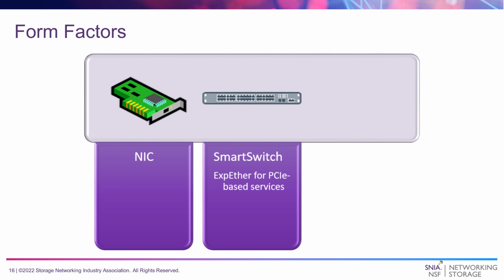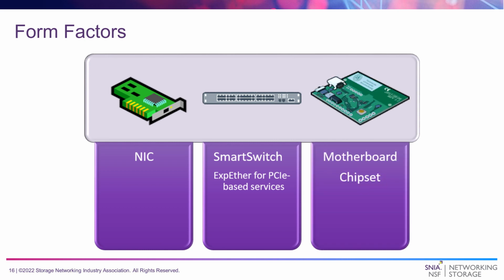The advantage, compared to the NIC, is that multiple hosts can use the same xPU in the smart switch, but the limitation is that the xPU is not directly connected to the PCIe bus, so it cannot offload services that require access to the PCIe bus, like, for example, storage virtualization. However, this doesn't mean that we cannot do it. There are solutions like xEther to remotize the PCIe bus, and in that case, we can remotely offer the xPU access to the PCIe bus.